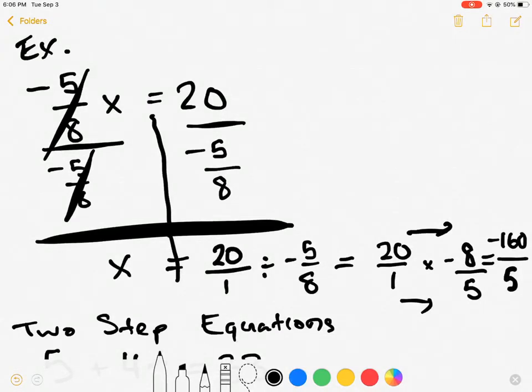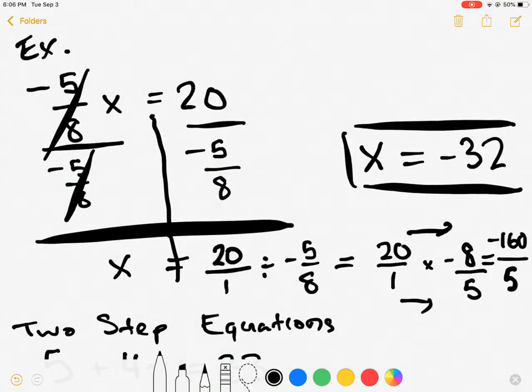If you simplify negative 160 divided by 5, that allows you to solve your problem. 5 will go into 160 32 times, so your solution there will be x is equal to negative 32. And we did that essentially by multiplying by the reciprocal.